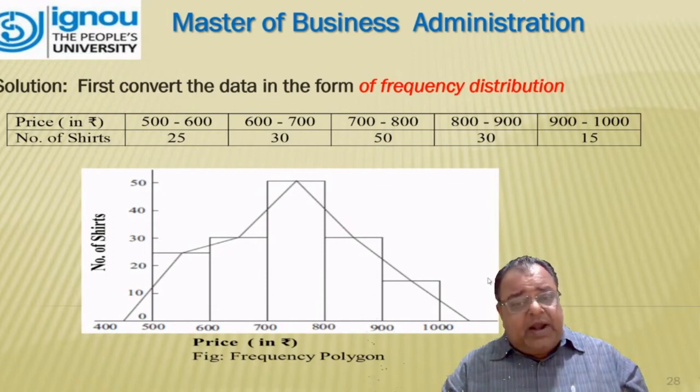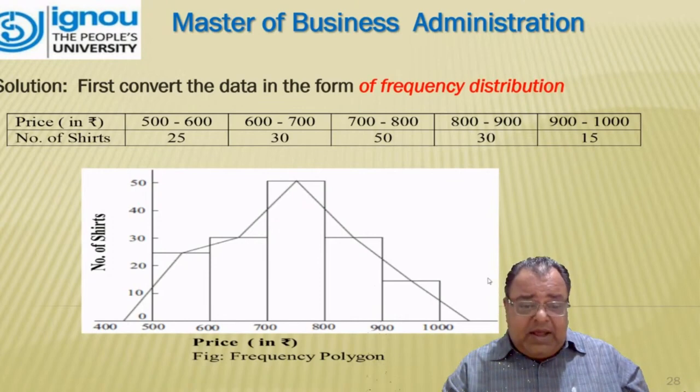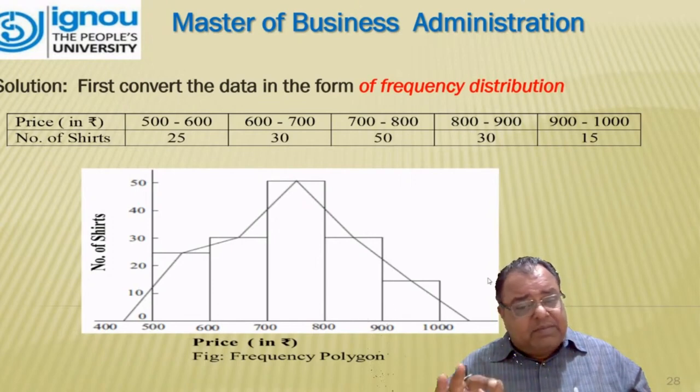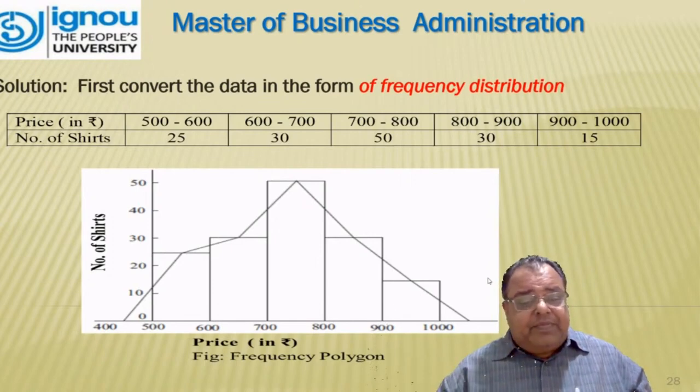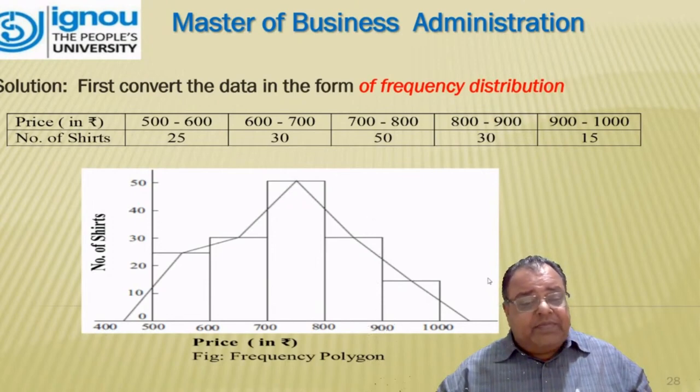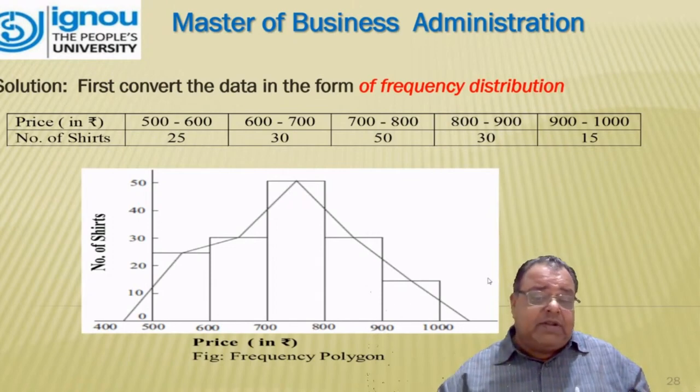which have been drawn. Now, a frequency polygon is drawn by joining the midpoints of the tops of these bars. We will start from the center of the 500 to 600 bar, and join it to the center of the 600 to 700 bar. And from the 600 to 700 center, we will join the 700 to 800 center point.